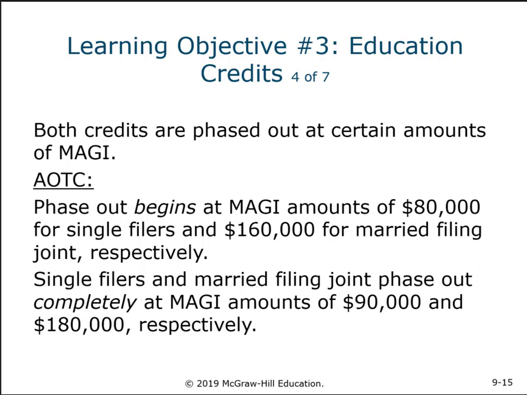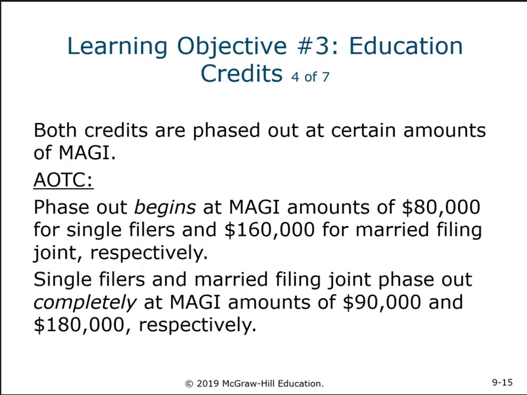So they do phase out, meaning once you've calculated your tentative credit, if your modified AGI is higher than 80,000, or 160 if you're married filing jointly, then it starts to phase out. You're going to get less of that credit. It's going to be reduced.